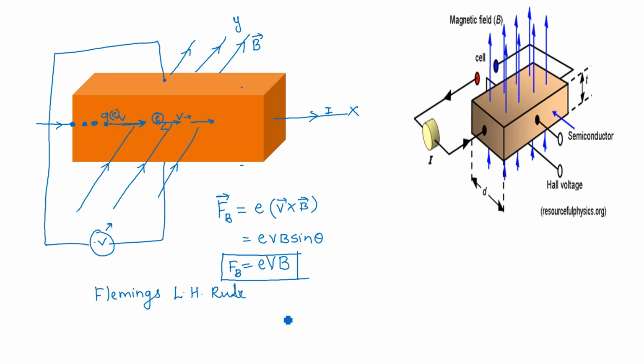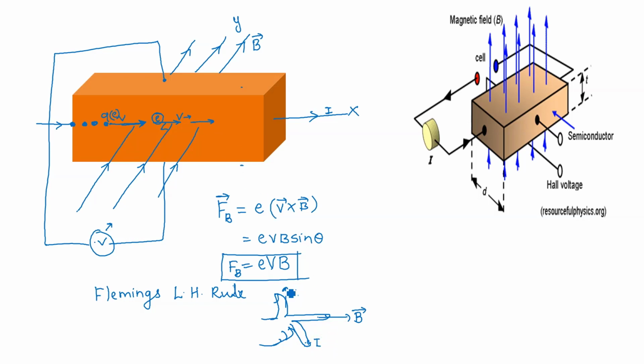If you stretch the thumb, the forefinger and the middle finger so that they are perpendicular to each other, then the thumb indicates the direction of force, the forefinger points towards the magnetic field, and the middle finger indicates the direction of current.